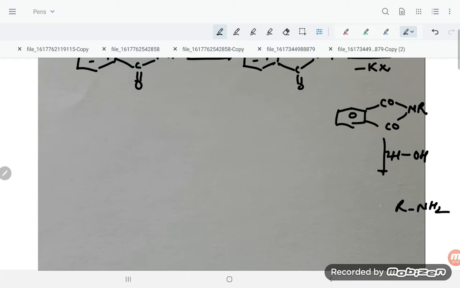RNH2, and together it will give phthalic acid, COOH, and here also COOH. So 1 degree amine we are getting, dear students, right?